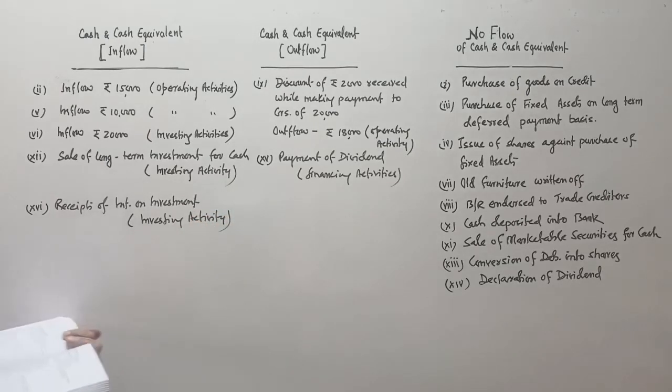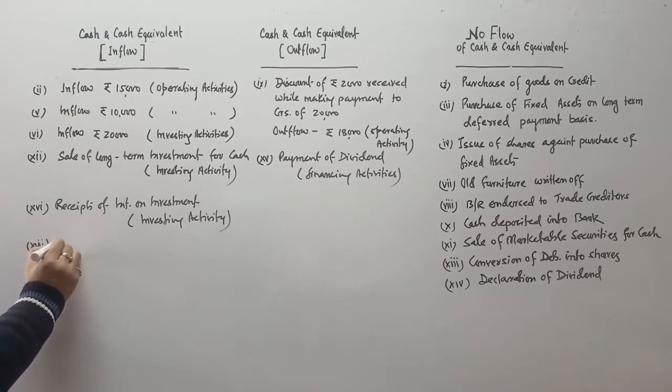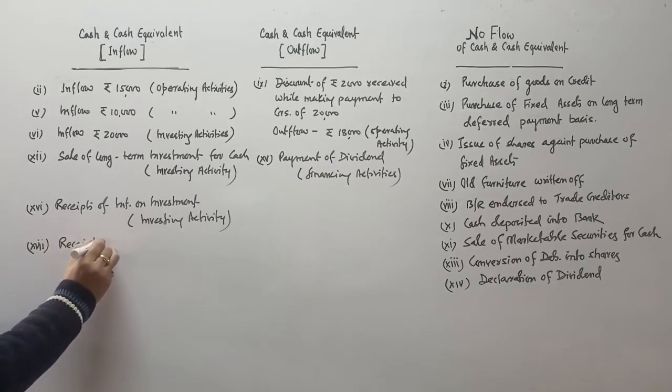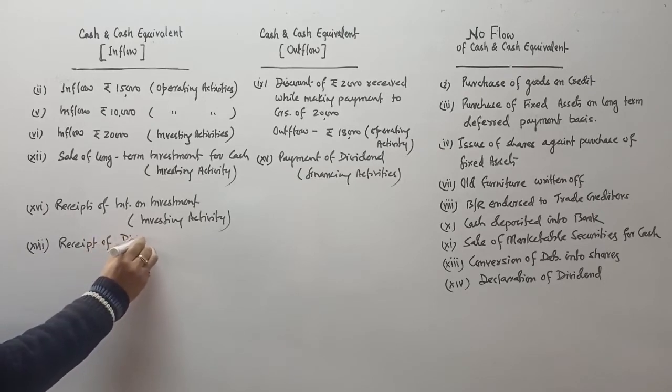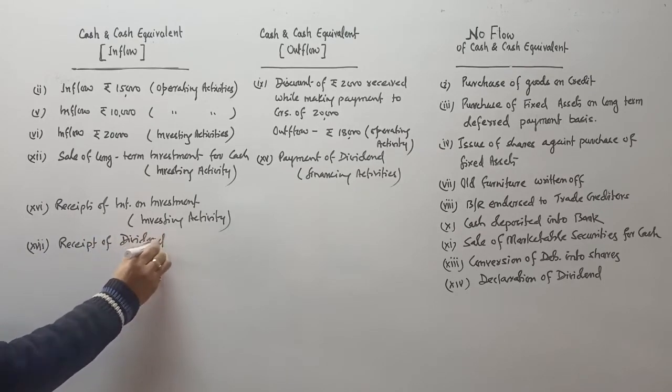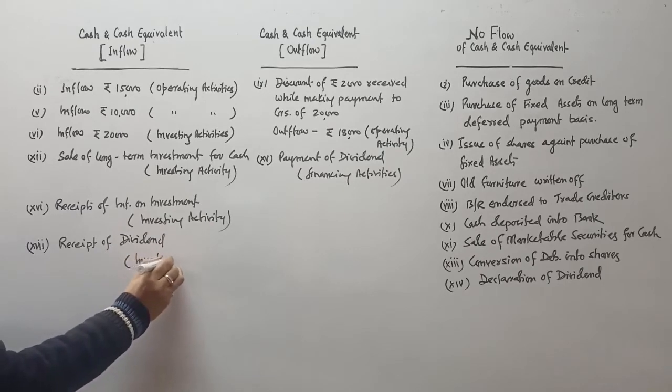Okay, the last one, 17, is receipt of dividend. This is also an inflow. Dividend is received, and this also comes under the investing activities.